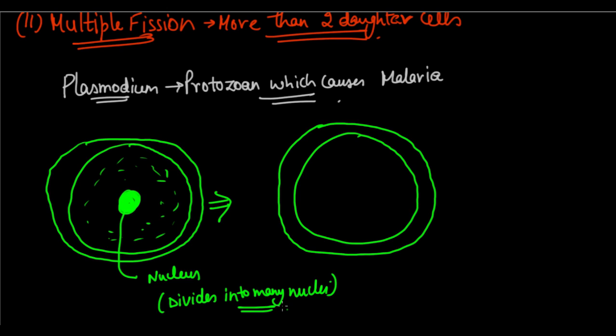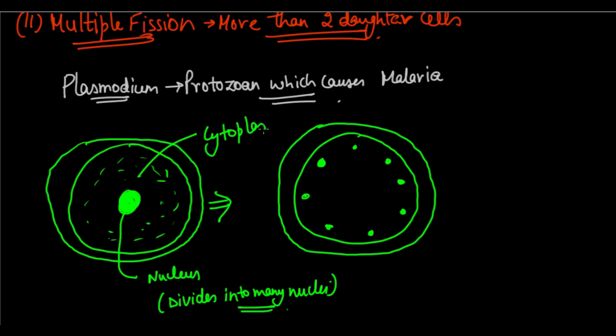Many nuclei are produced, right? You will see that there are many nuclei. It divides into several nuclei. Right? That's the thing. Next thing, this cytoplasm too will divide.